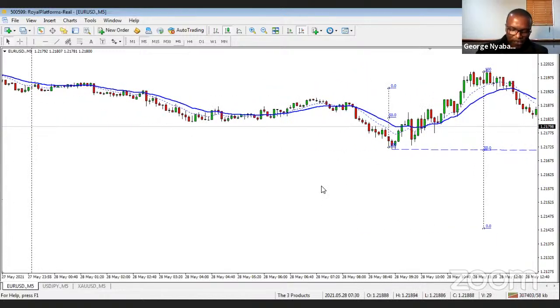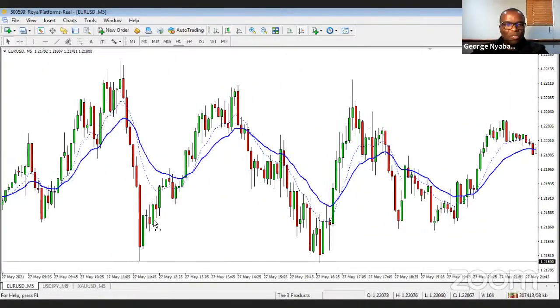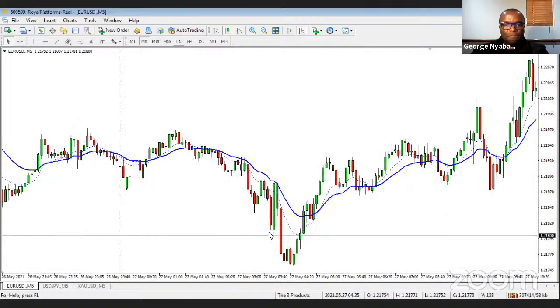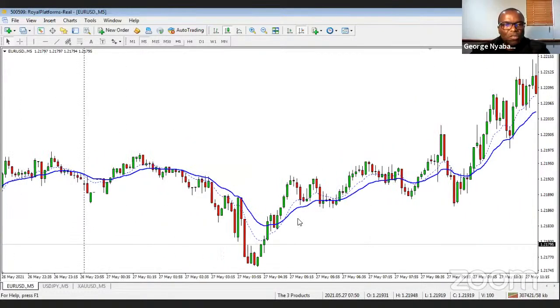Okay, then I've got another one for you. Still in the euro. Just have to focus on the euro. Okay, now this one is pretty interesting. So you're in the market when the market opens and you're waiting for things to become clear for you.